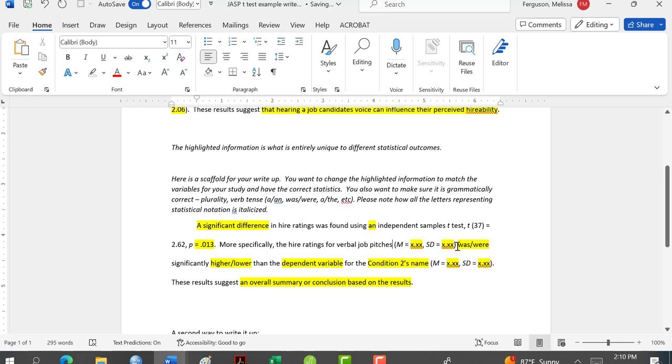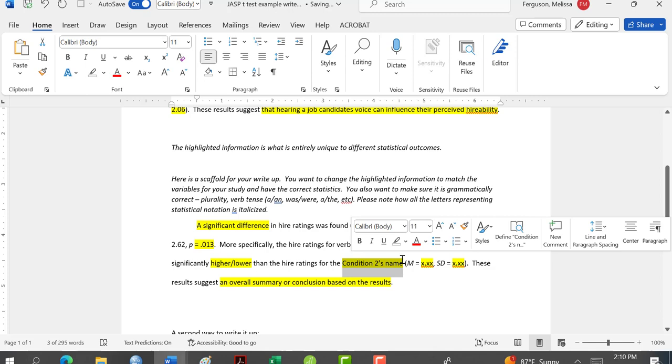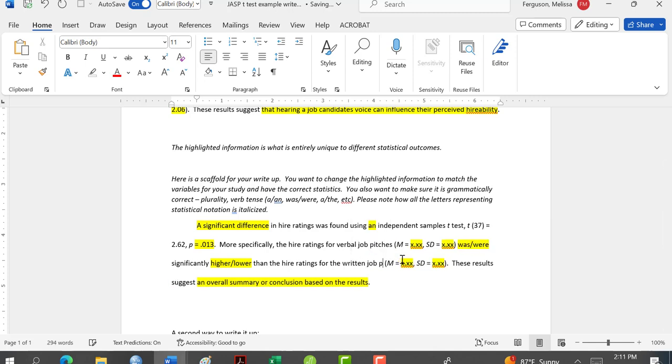And then we need to decide, was it higher or lower than the higher ratings? And then here it was the transcript condition, but we can put the written job pitches as more descriptive. And that was significantly higher than the higher ratings for the written job pitches.